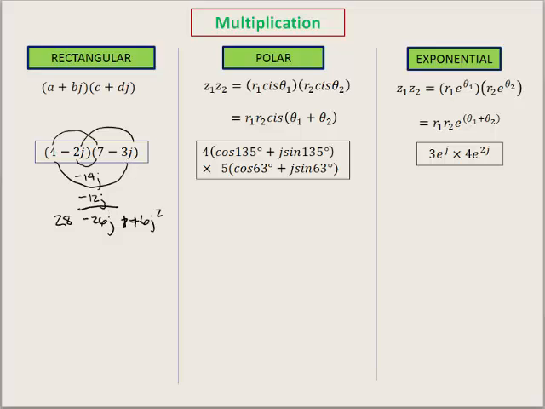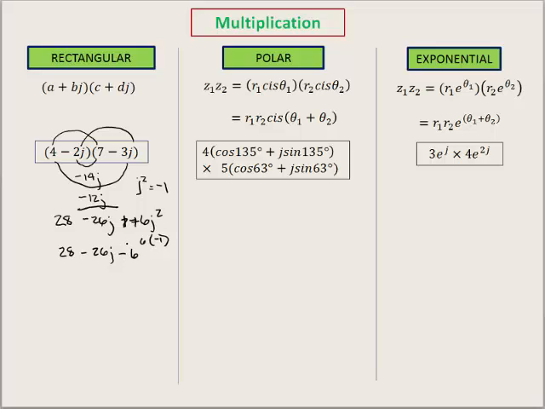Now from the earlier videos, what does j squared equal? Do you remember? j squared equals minus 1, right? So now we have 28 minus 26j, and that would be 6 times minus 1 equals minus 6.